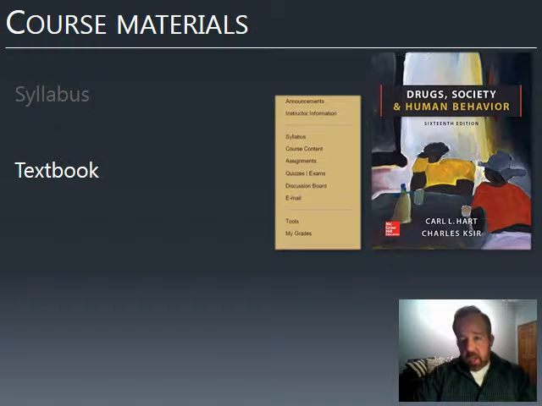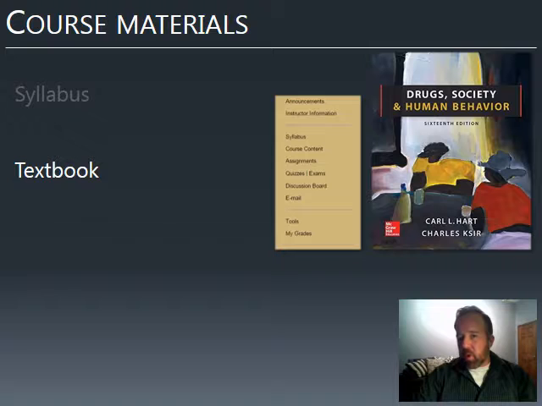The textbook. The textbook is Hart and Ksir's Drugs, Society, and Human Behavior. This course will use the 16th edition. I know there may be copies of the 15th edition floating around somewhere. People have used that successfully in the past. The content is pretty much the same by the time you get to the 16th edition of a book.